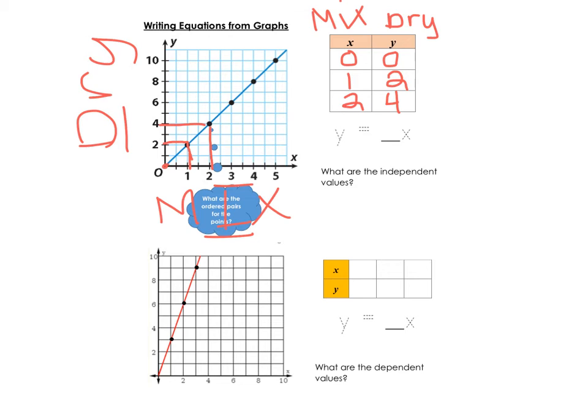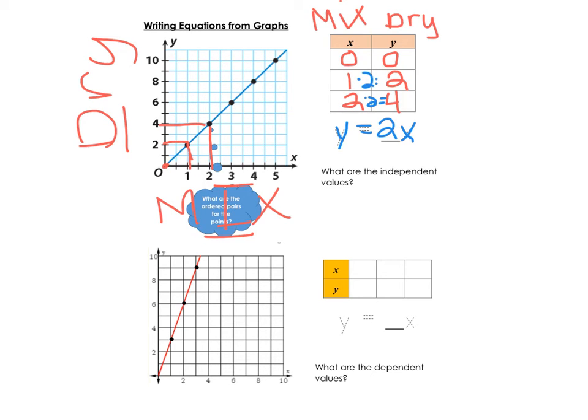So we know we're multiplying because both x and y are at 0, 0, right? So I know 1 times 2 equals 2, and 2 times 2 equals 4. So I'm taking the value of x and multiplying it by 2 to get my y. So my rule would be y equals 2 times the value of x.